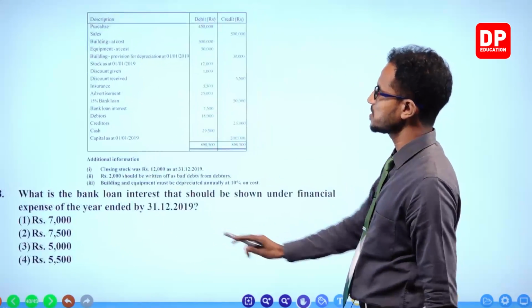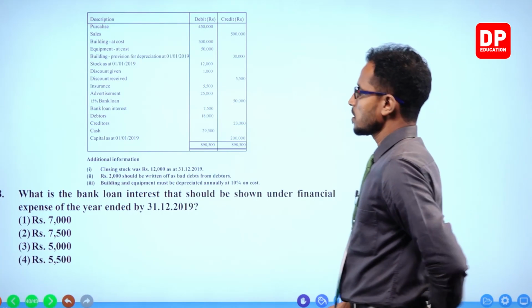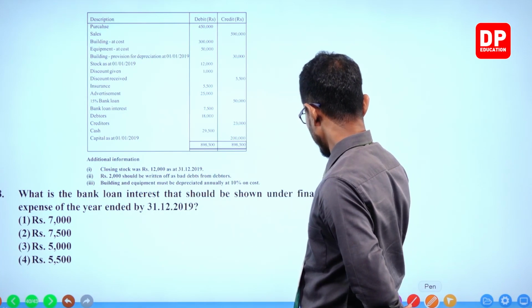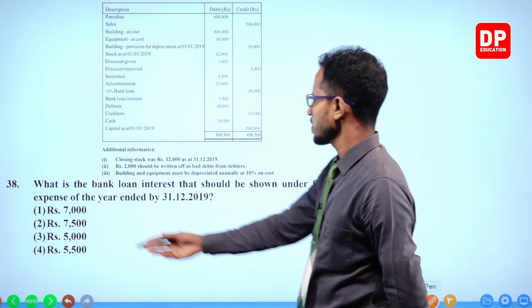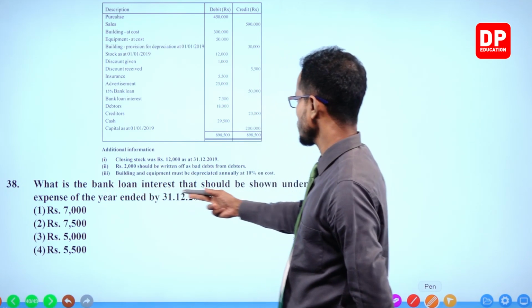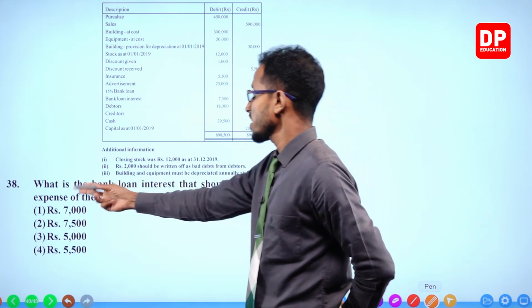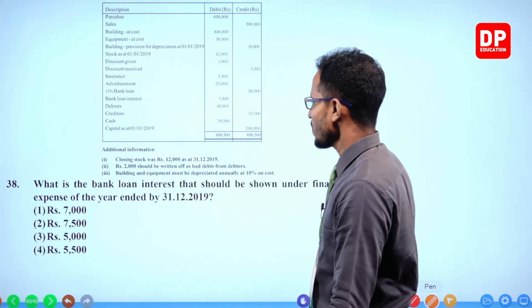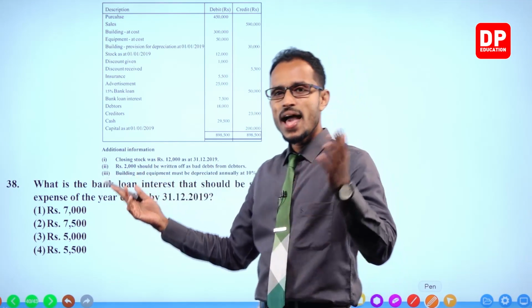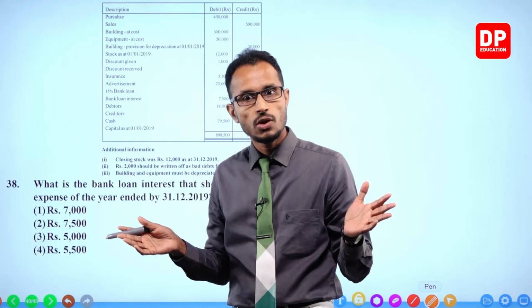38th question. What is the bank loan interest that should be shown under financial expense of the year? Hey, we did that. Bank loan interest is already calculated. That's how we got the net profit.